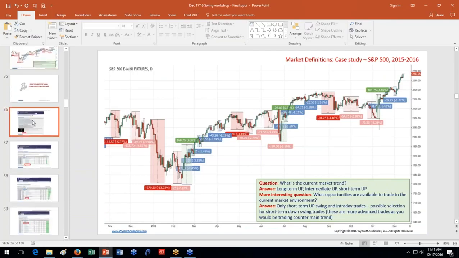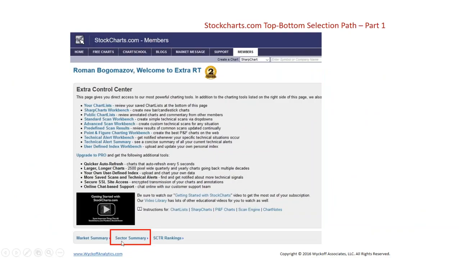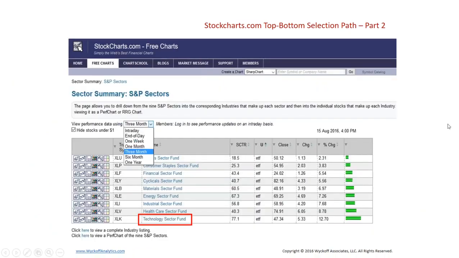So we started with the sector, then we went to the industry group, and here looking at the example for the previous, that was on August 15th. So for the previous 3 months, I'm looking for some kind of outperformance. And during that period of time, 3 months before August 15th, the technology sector was outperforming quite significantly.